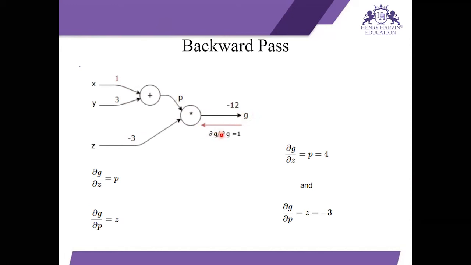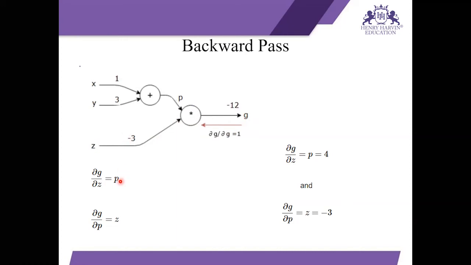If I perform dou G by dou G, what will be the answer? Yes, you're right, it is equal to 1. Now if I find dou G by dou Z, what will be the answer? Definitely that is going to be P. Basically I'm trying to differentiate G with respect to Z. So minus 12 and this is minus 3.